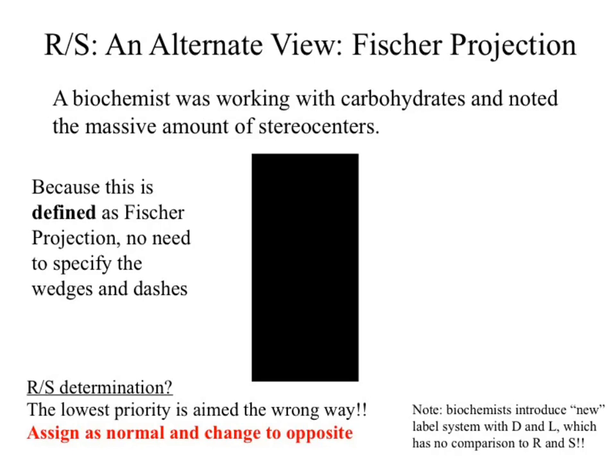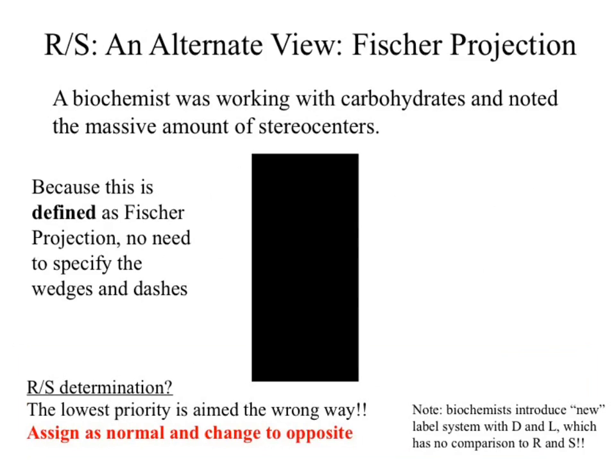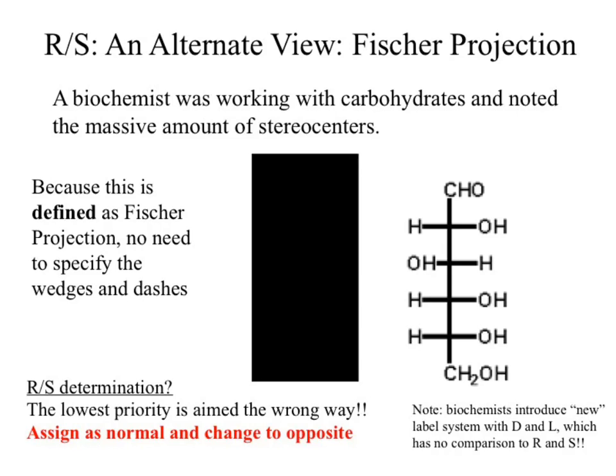This image is the previous image from the last slide. It's this guy right here. Okay, one and the same thing. Once we've converted it over to that, because we've defined everything, we now don't need to specify wedges and dashes because it's defined to be in the Fischer projection, which means I can simplify the structure down to this model.